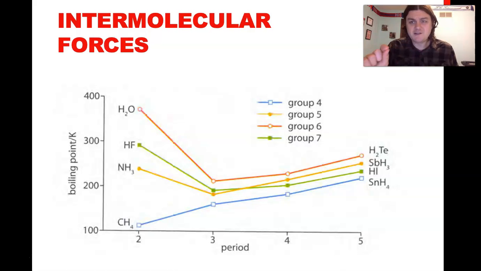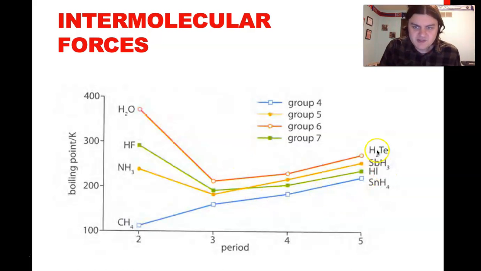This chart can be a little confusing to look at, but we'll talk through it. So there are period 2 elements that are bound to hydrogen, and then period 3 elements bound to hydrogen, period 4 elements bound to hydrogen, and period 5 elements bound to hydrogen. And this is specifically for groups 4, 5, 6, and 7, so the vertical columns on the periodic table.